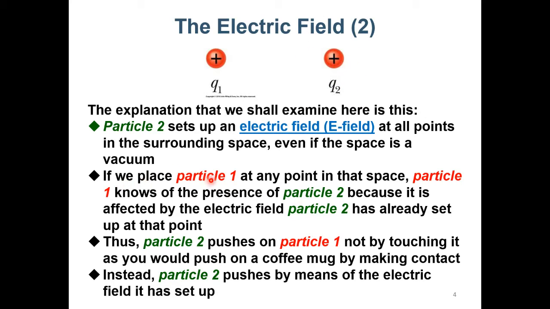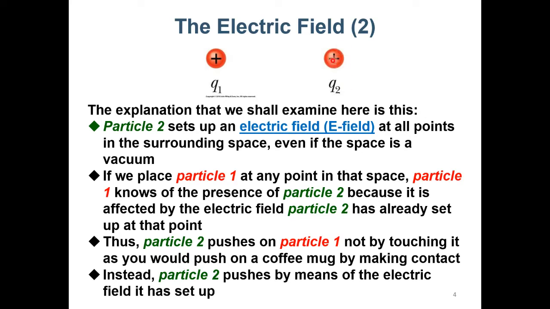If we place particle 1 at any point in that space, no matter where you put Q1, particle 1 knows the presence of Q2 because it is affected by the E field due to particle 2.